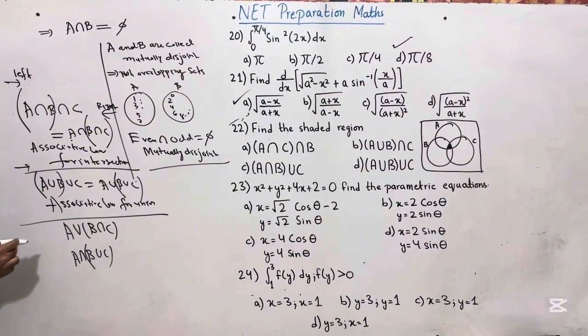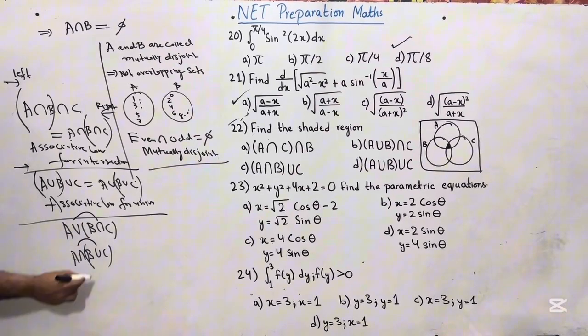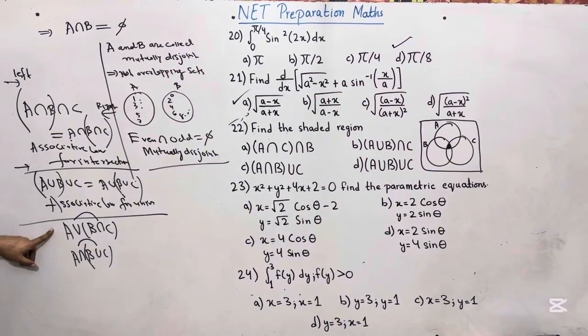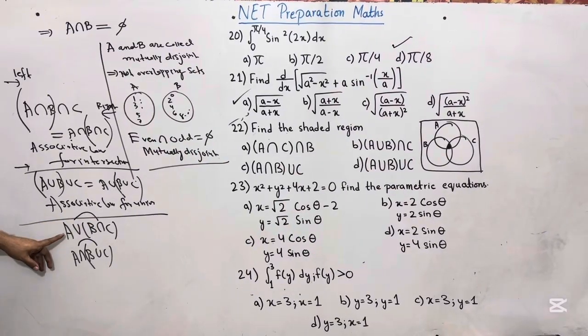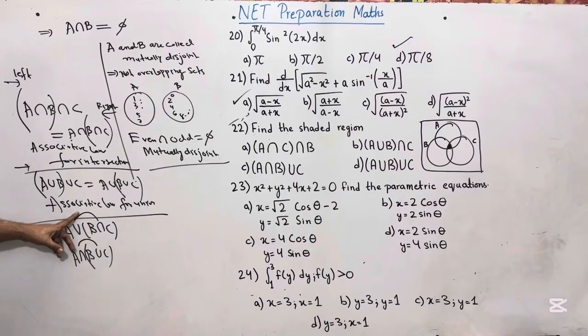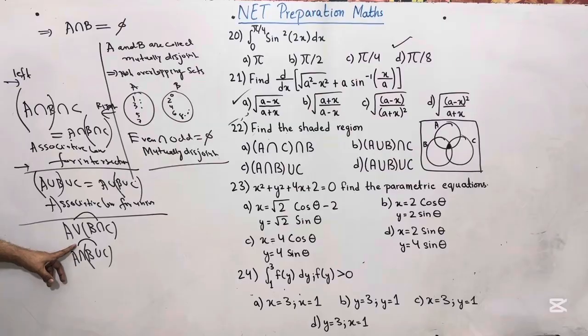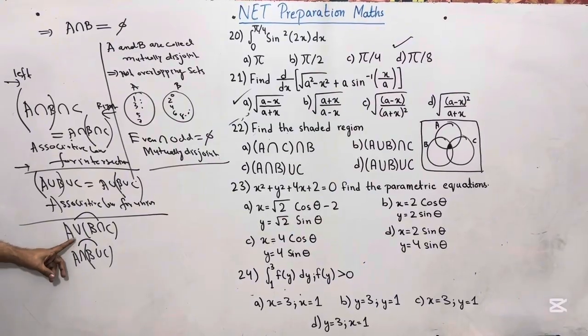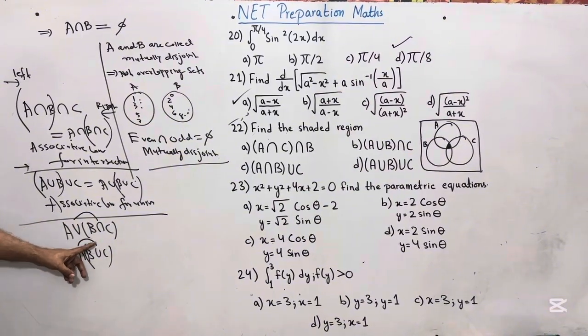Here there is a difference: union, then intersection. It reads as the distributive law of union over intersection, and this one reads as the distributive law of intersection over union.